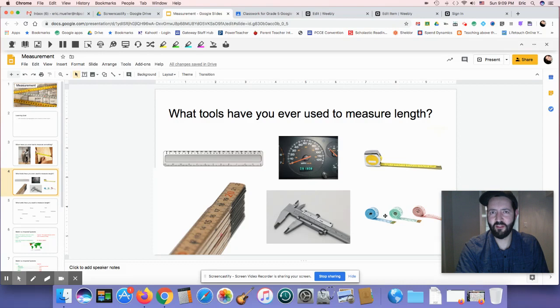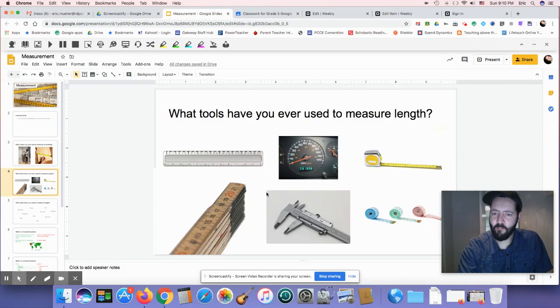Anytime somebody's measuring somebody's waist because they want to make them a pair of pants, or in the fitness industry too. If you want to measure how big your muscles are, you would use a measuring tape like this because they're flexible and they're easy to wrap around. So I could wrap it around my arm to measure how big my muscles are or how small they are in my case. So those are some really common tools used for measuring things.